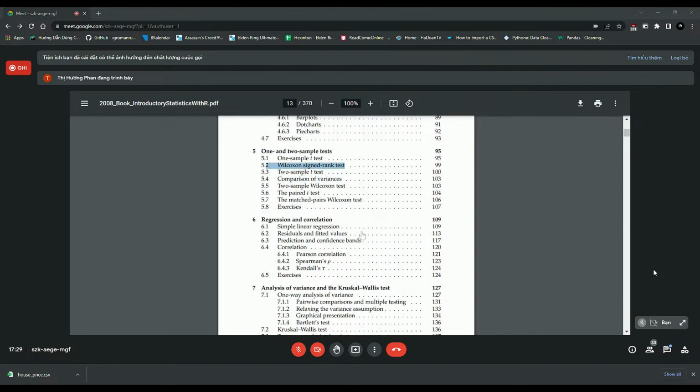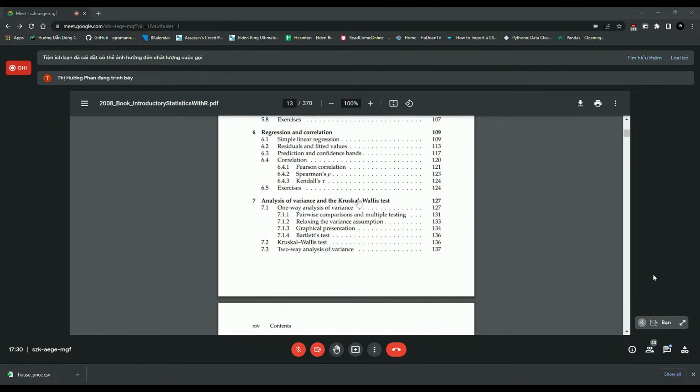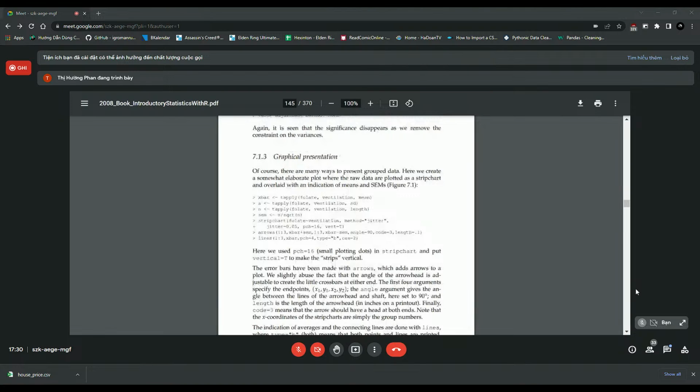And regressions correspond to chapter 8, ANOVA corresponds to chapter 7. And also you have the Kruskal-Wallis listed. This is an extension of ANOVA. Especially, you can see that you're not only given the theory, it also gives you the articles.